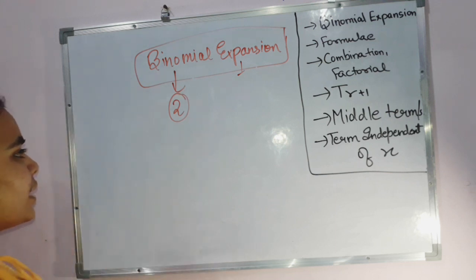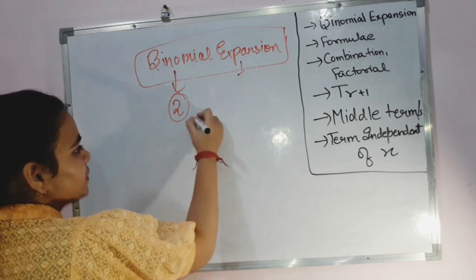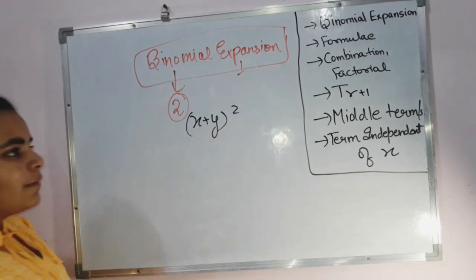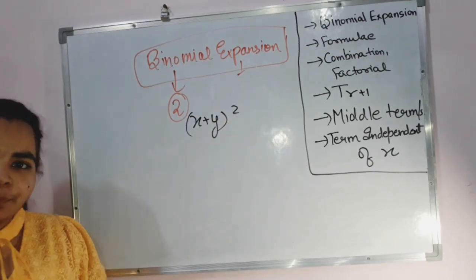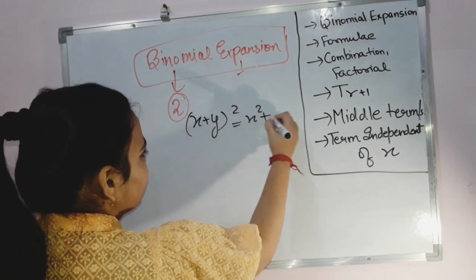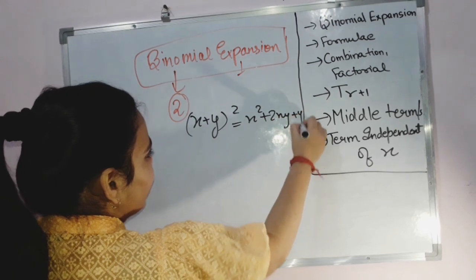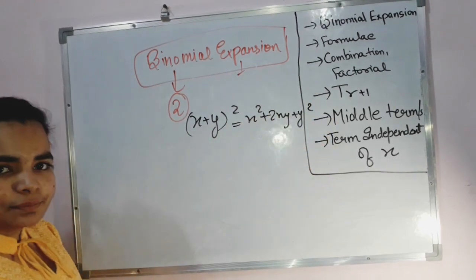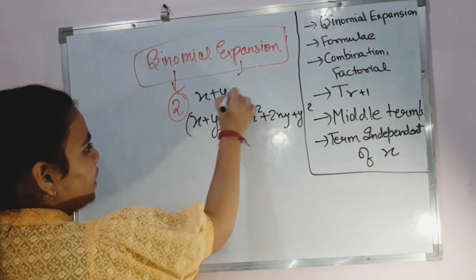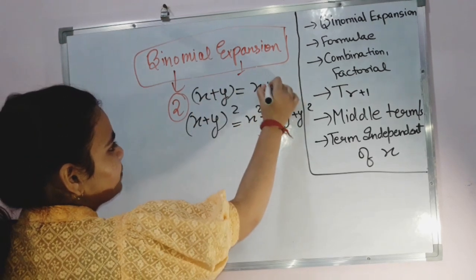Now, if I ask you to write x plus y whole square, we have learnt the general formula in previous classes. We can quickly say that it is equal to x square plus 2xy plus y square. And x plus y is equal to x plus y only.